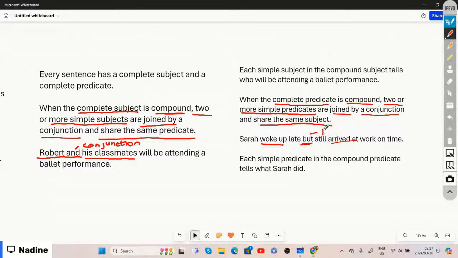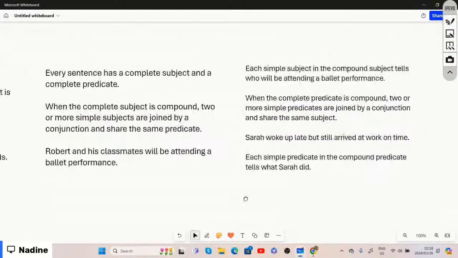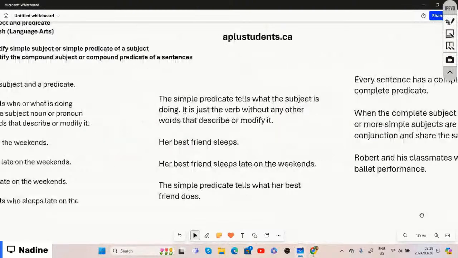So but is our conjunction. So that is our simple subjects as well as our compound subject, as well as our simple predicate as well as our compound predicate.